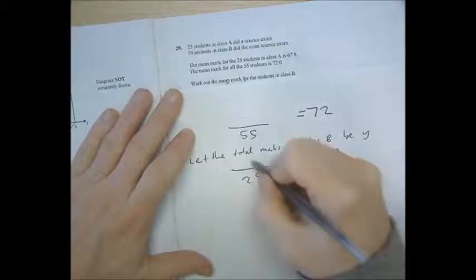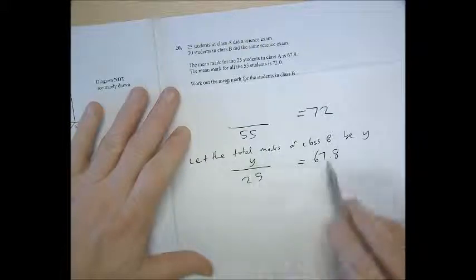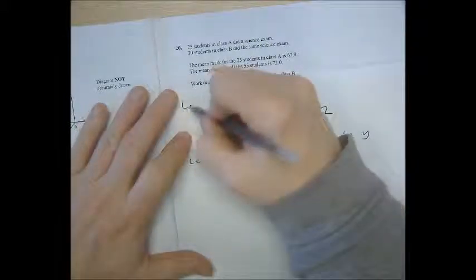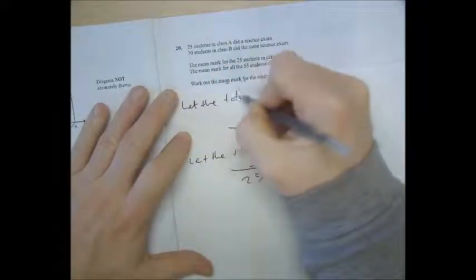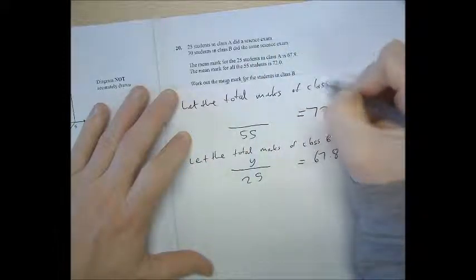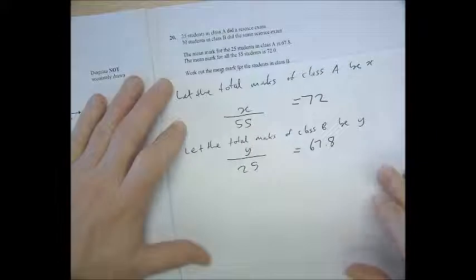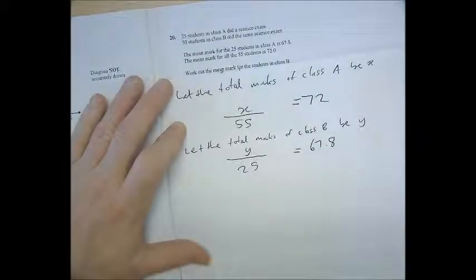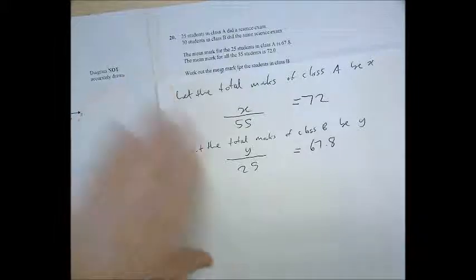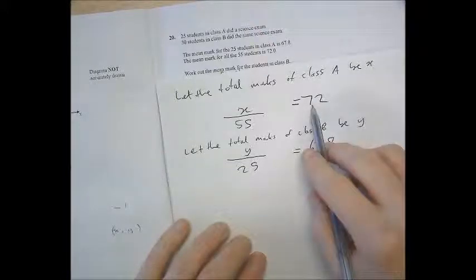Let the total marks of Class A be X. So X divided by 55. Oh, wait on. X divided by 55 equals 72. That's wrong. Why is that wrong? What gave us the 72? It was all the students. So that is wrong. What should it be? 25.